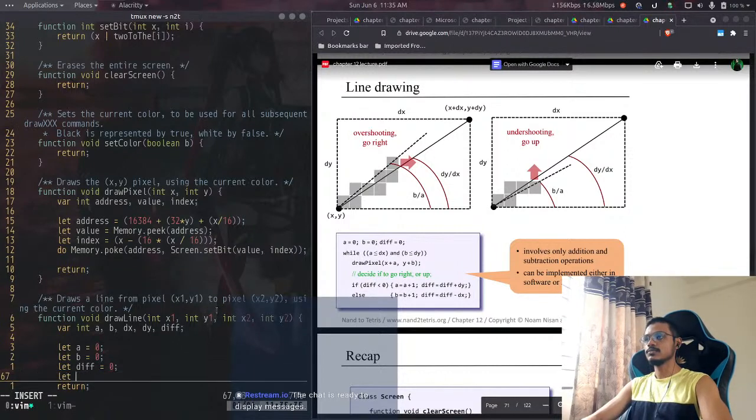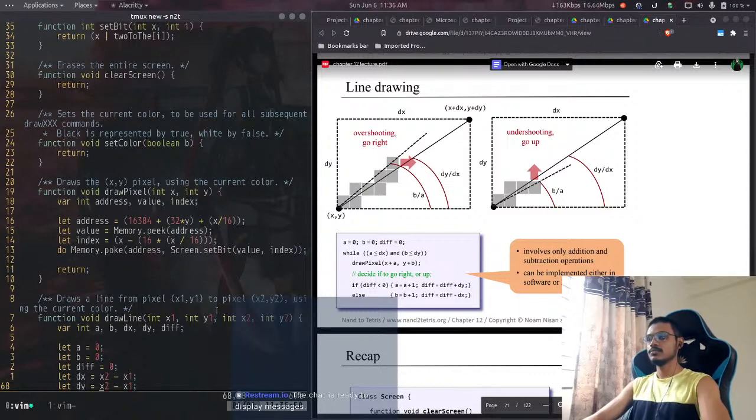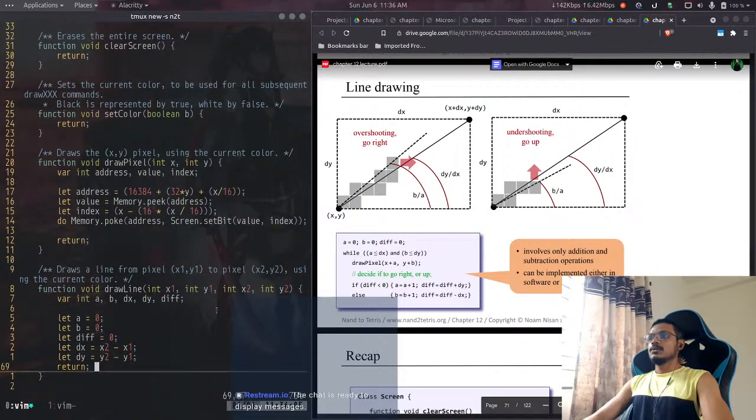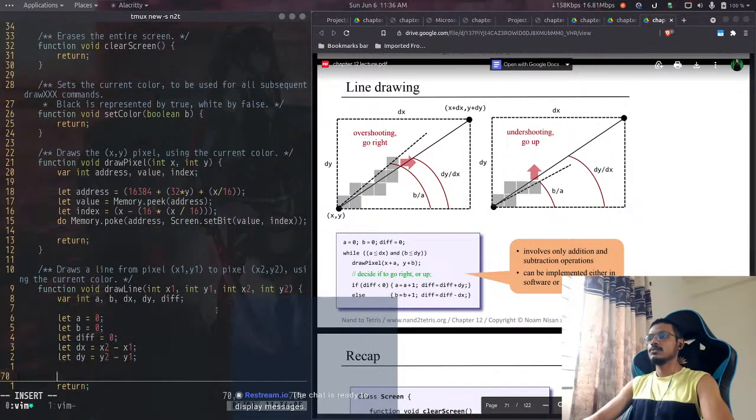So let dx be equal to x2 minus x1 and dy be equal to y2 minus y1, right? And now let's create the while loop.